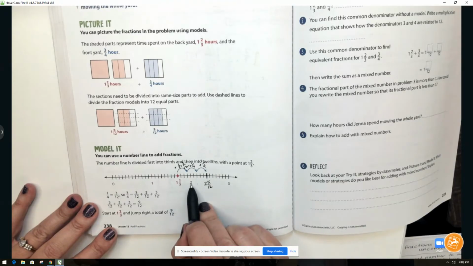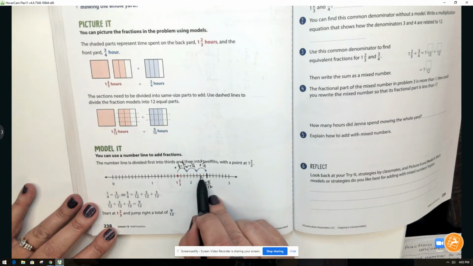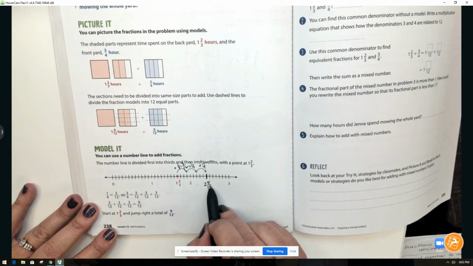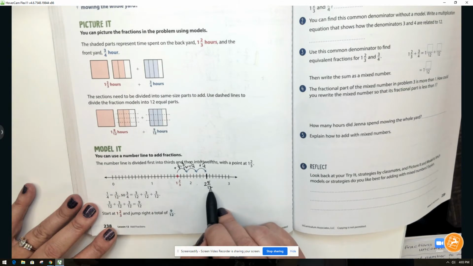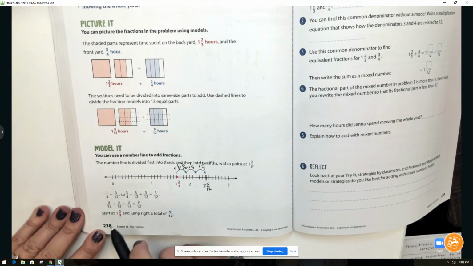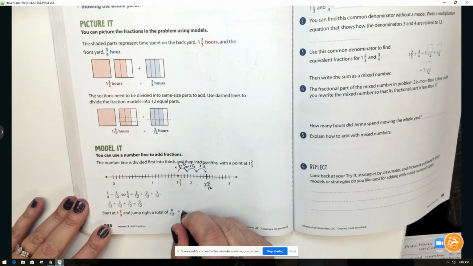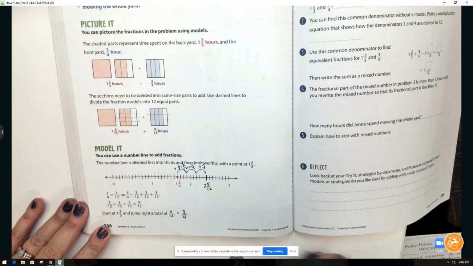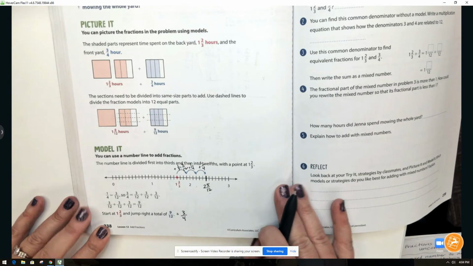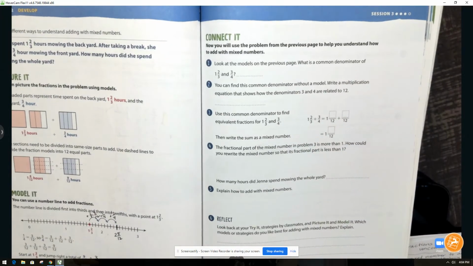And if we're not sure, we can always count 1, 2, 3, 4, 5. 2 5/12. So we jumped a total of 9/12. Remember that 9/12 is the same as 3/4. They're equivalent fractions.